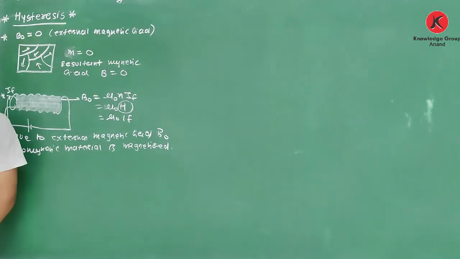Magnetized means net magnetic moment per unit volume is produced. Clear about this?